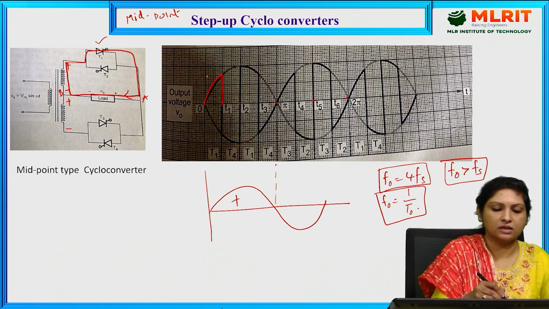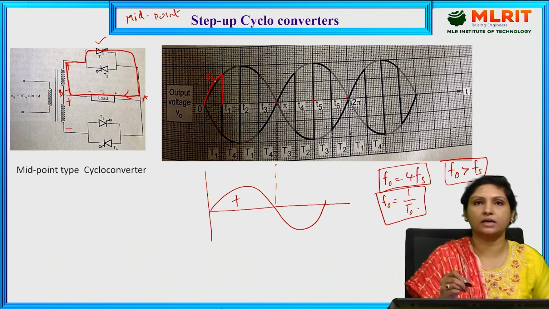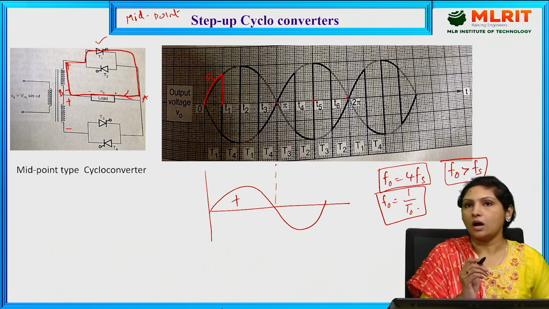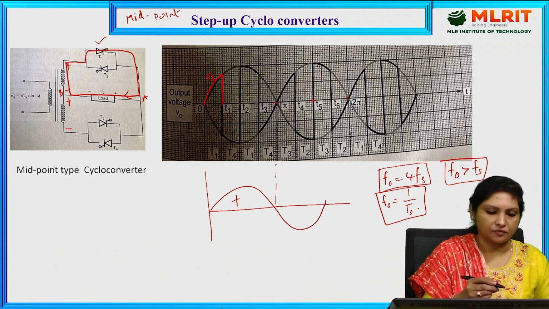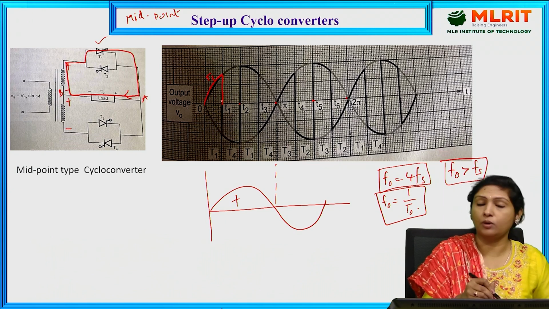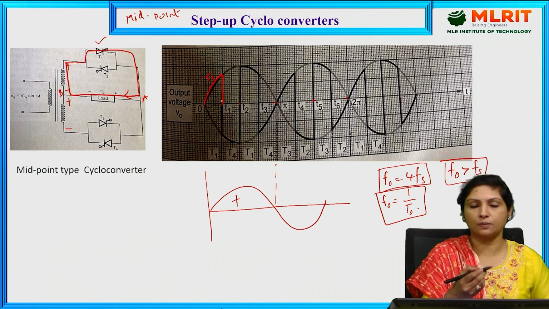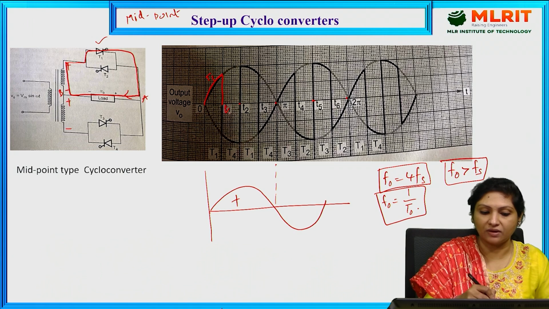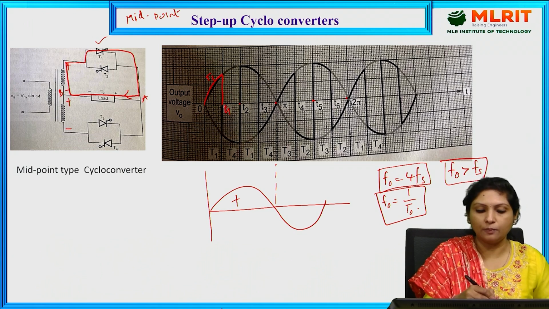And this T1 is conducting during the positive half cycle of the input voltage. Now we need to provide forced commutation. That is, firstly we need to commutate thyristor 1 at this instant such that we can obtain the negative half cycle of the output voltage.